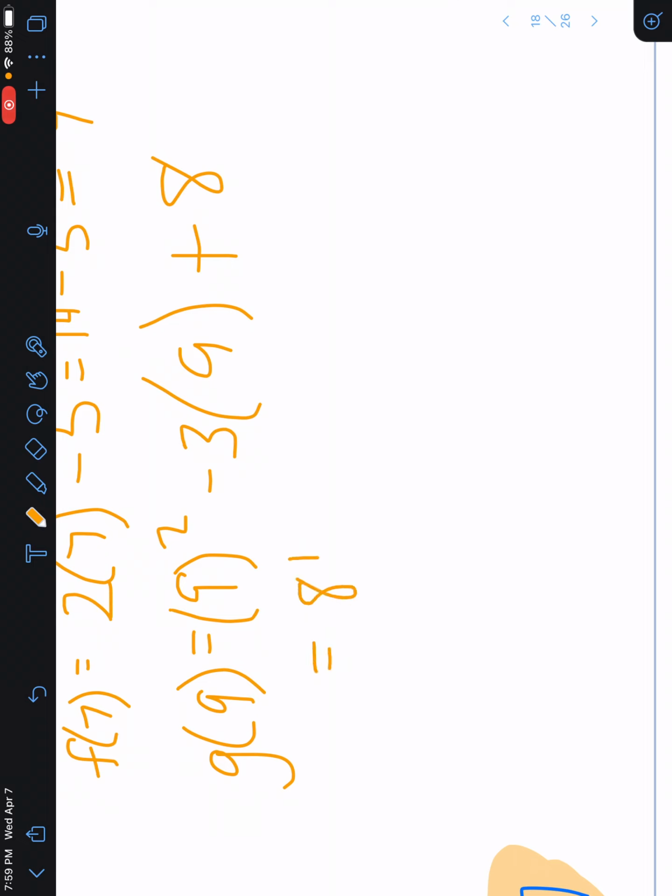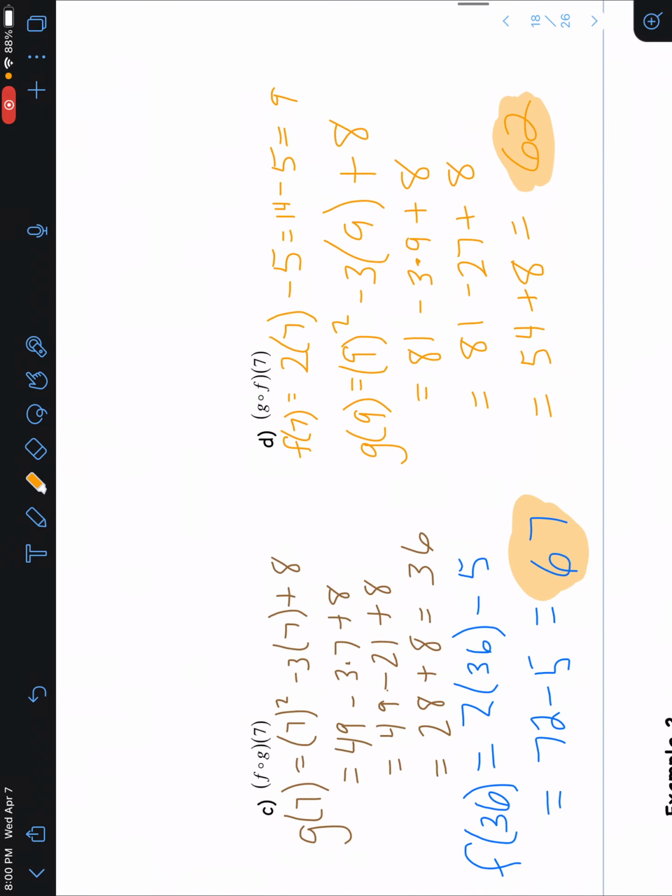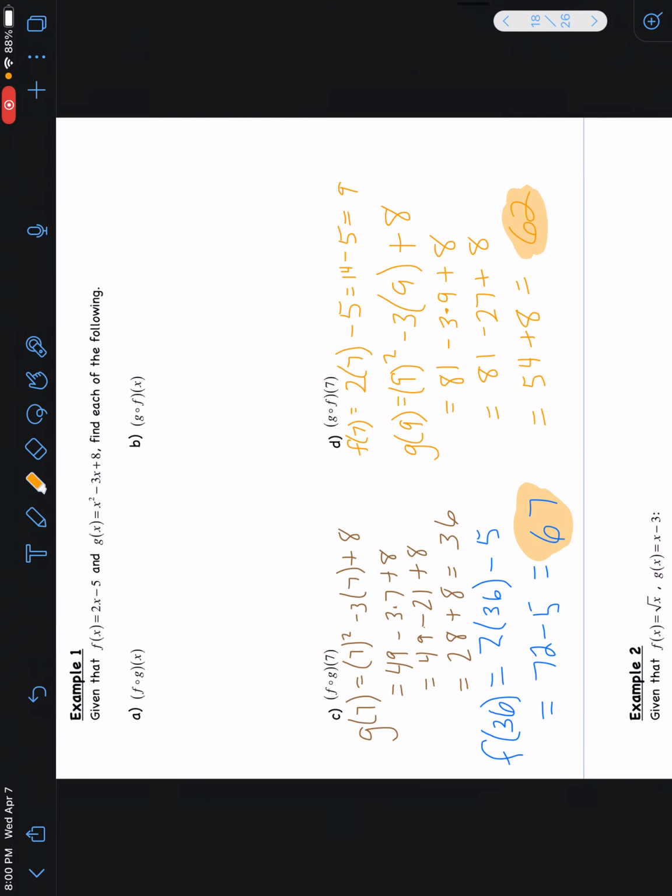Exponent, 9 squared is 81. Then multiply to get minus 27. 81 minus 27, 54. And then add 8. So our answer is 62. All right, we got one more down. So we'll move on. Like I said, A and B, I'll save for part 2.